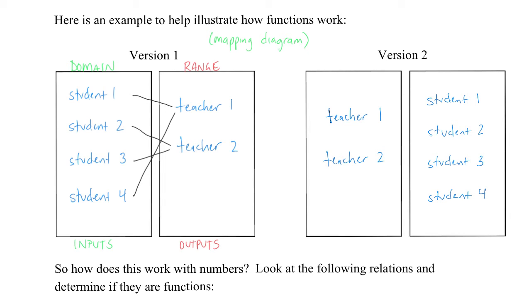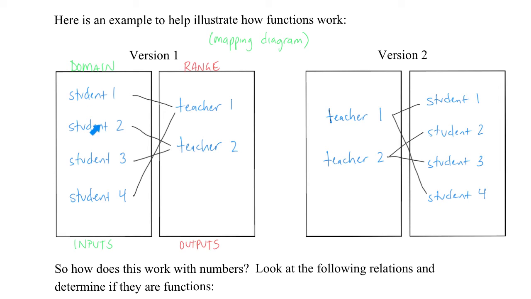Well, in this case, if I do the exact same situation, remember teacher 1 got assigned student 1 and student 4, and teacher 2 got assigned student 2 and student 3. Now, this is not a function because now the elements of the domain are assigned more than one element of the range. And that's not what we want.